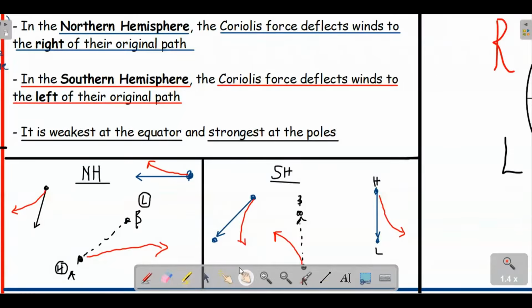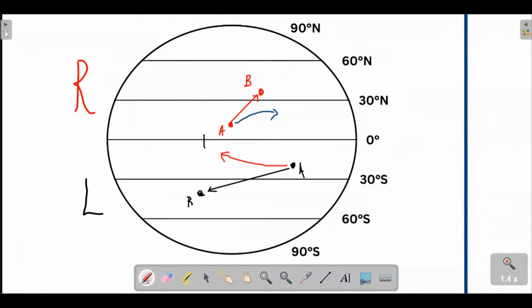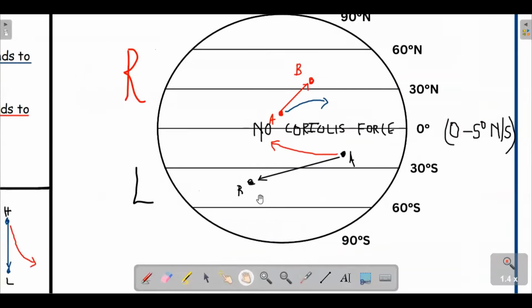So we're saying that it is weakest at the equator. In other words, there's no Coriolis force at the equator, so air there is not deflected. Particularly between 0 and 5 degrees north or south of the equator, there's no Coriolis force, guys. Coriolis force starts above 5 degrees. From 6 degrees, 7 degrees, that's where you're going to get Coriolis force.